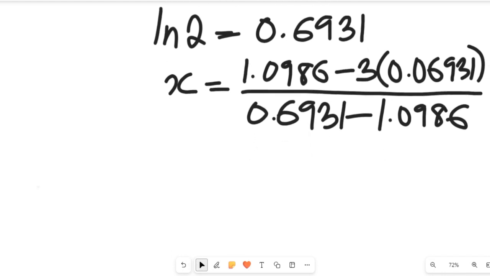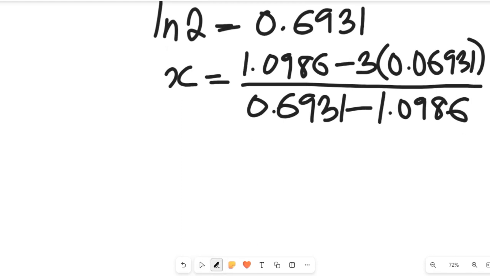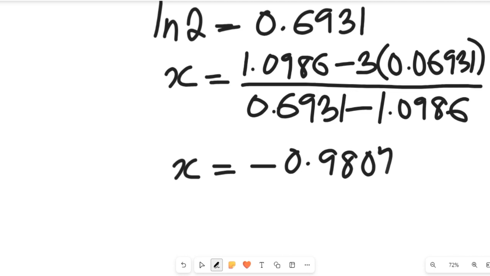Simplifying this, the numerator gives us negative 0.9807, divided by negative 0.4055.